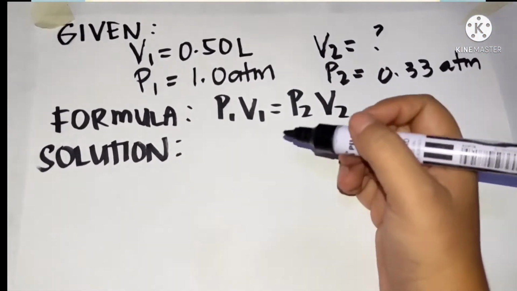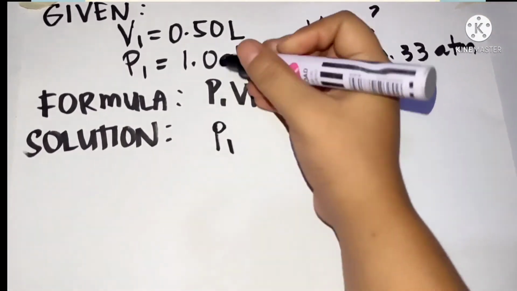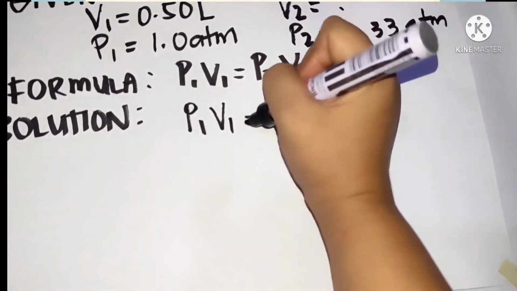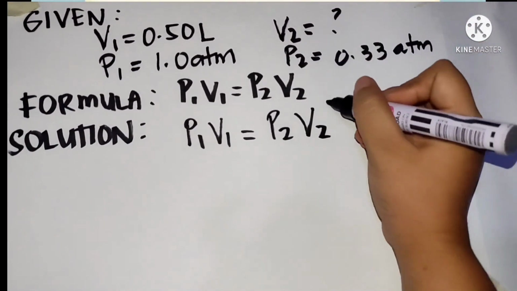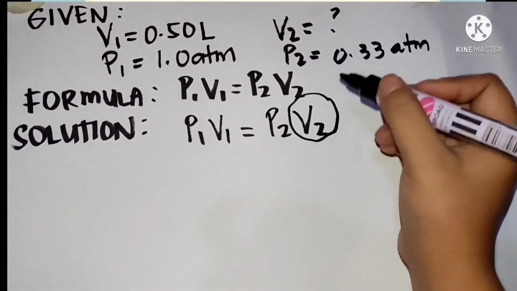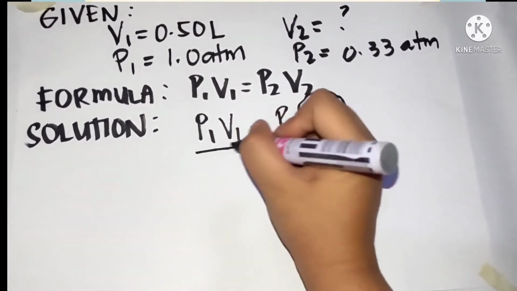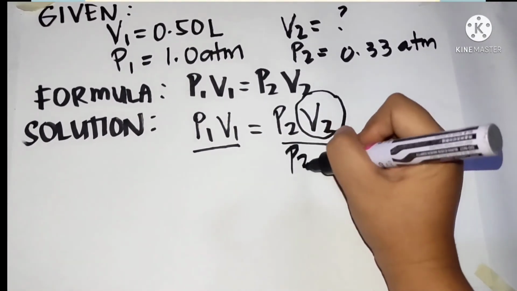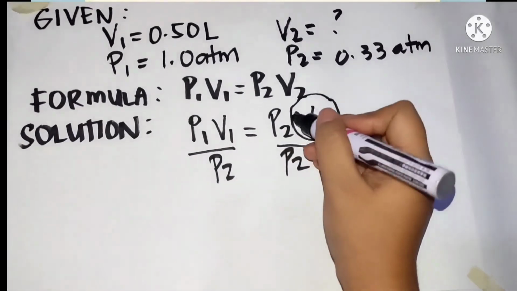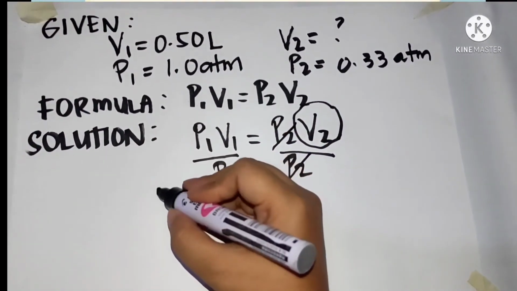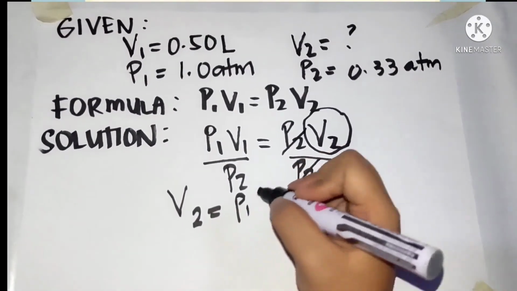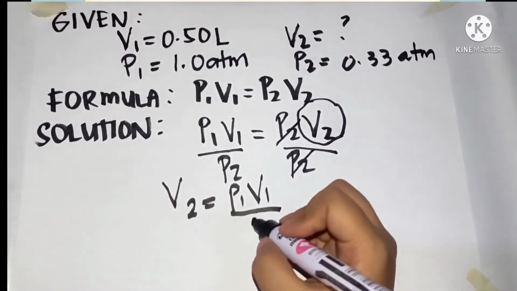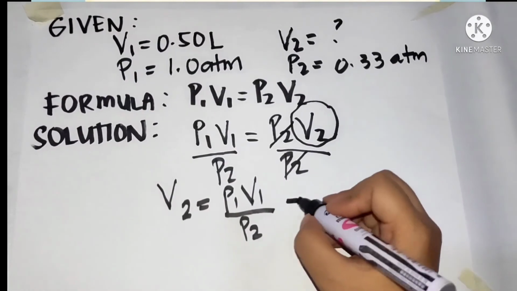For this solution, P1 V1 is equal to P2 V2. We are looking for V2. Therefore, we will divide both sides by P2. Cancel. So our formula would be V2 is equal to P1 V1 over P2.